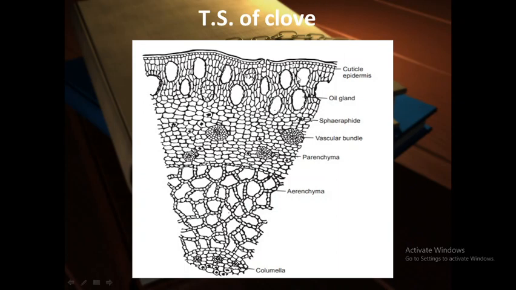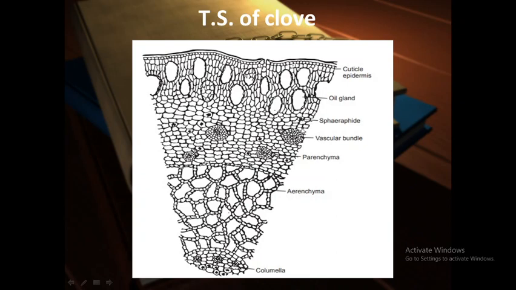with 2 to 3 layers of big schizolysigenous oil glands. So this upper zone of cortex contains the oil glands which contain the volatile oils.